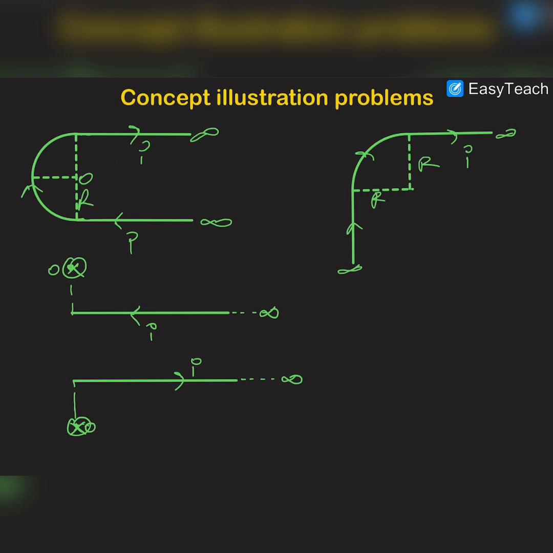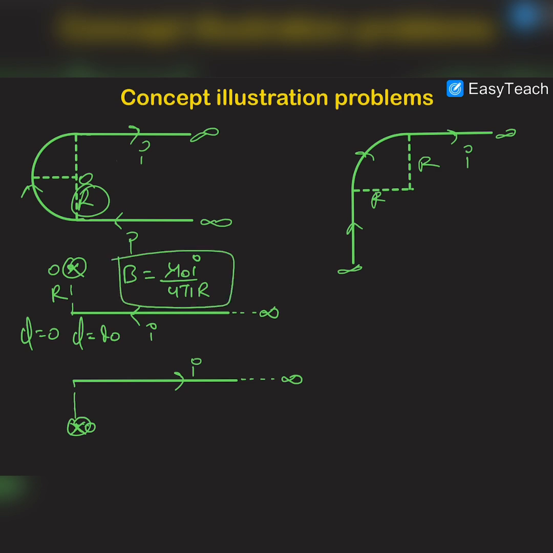So now let us first find out the magnetic field due to this single wire. Due to this single wire, one angle is 90 degrees, because from one side this wire is going to infinity, and the other angle is 0 degrees. So B will be equal to mu naught I by 4 pi A. Now A is R, which is the perpendicular distance, and sine 90 is 1, sine 0 is 0, so this will be the magnetic field.